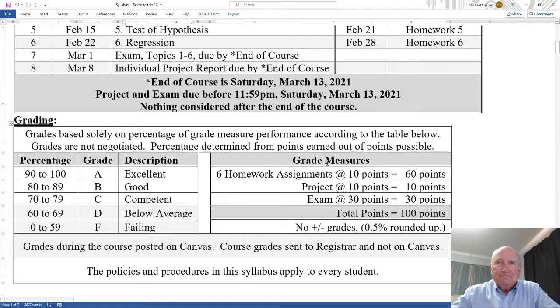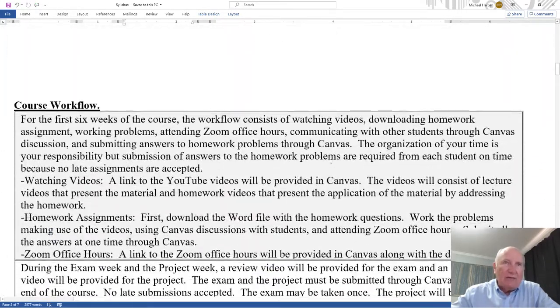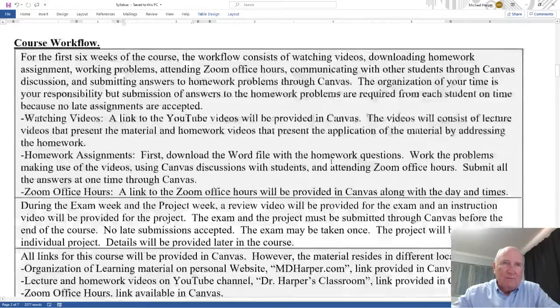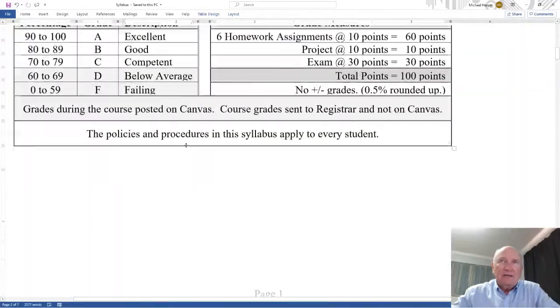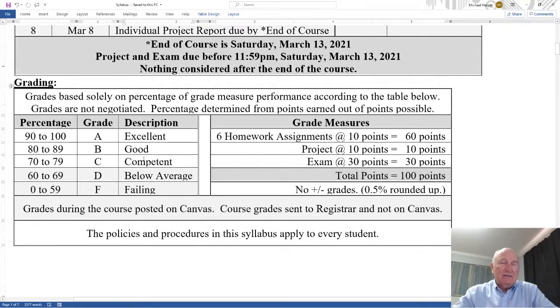Okay. Now, one thing that I've been doing, I don't think I put it in here, this workflow here on the exam. I don't have it officially in the syllabus, but I'll say this up front because I've done it the last couple of semesters.